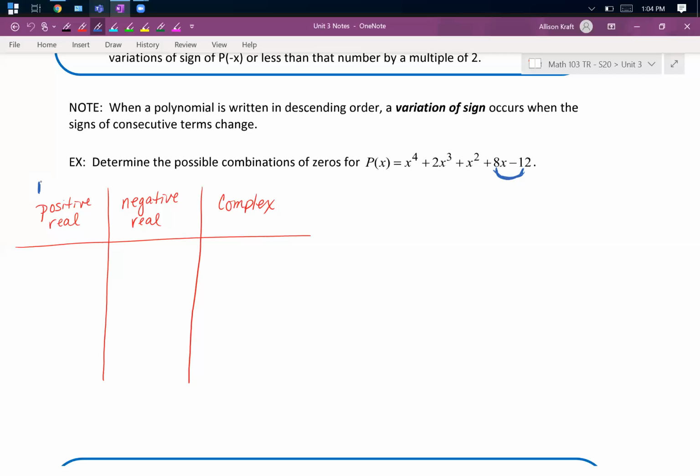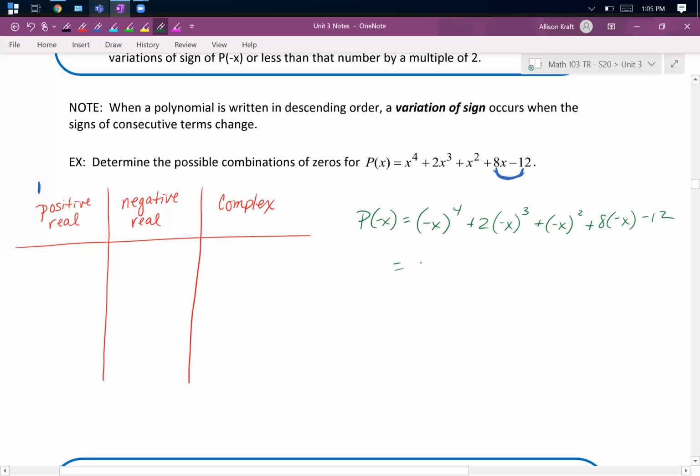Now I'm going to do the same thing for my negative real zeros. We need to look at the number of sign changes in P of negative X. So we actually need to find that. And then we'll simplify. A negative raised to the 4th power is positive.